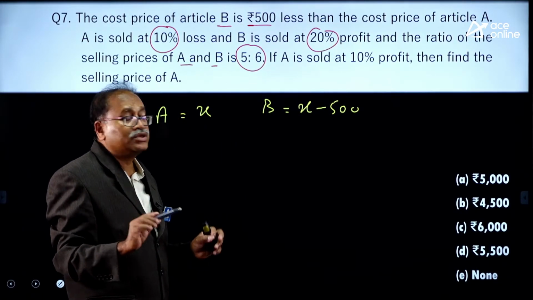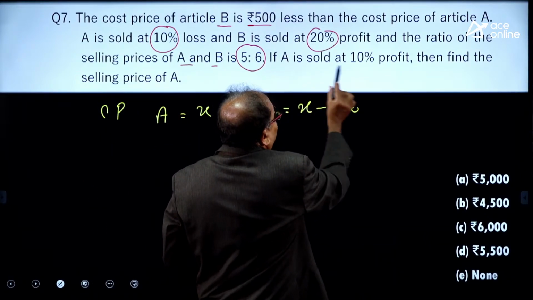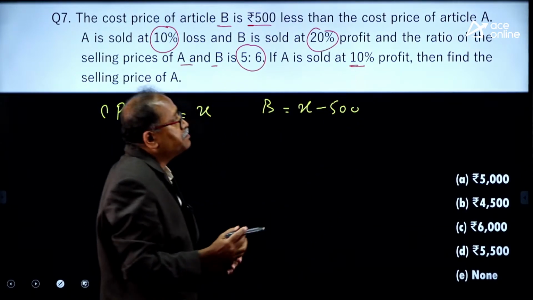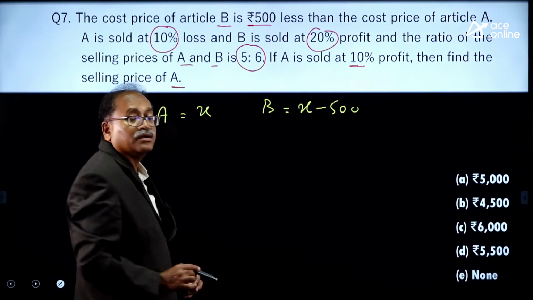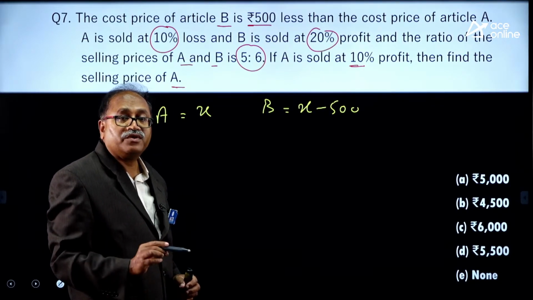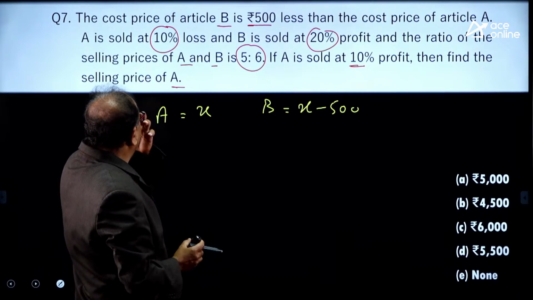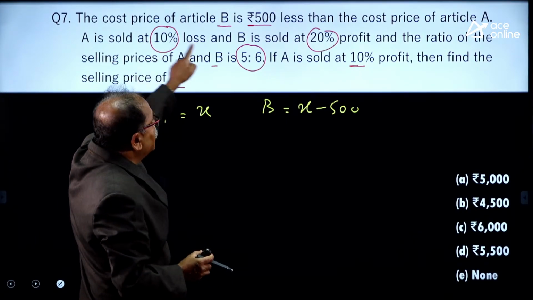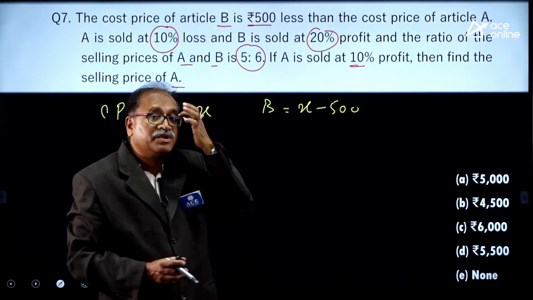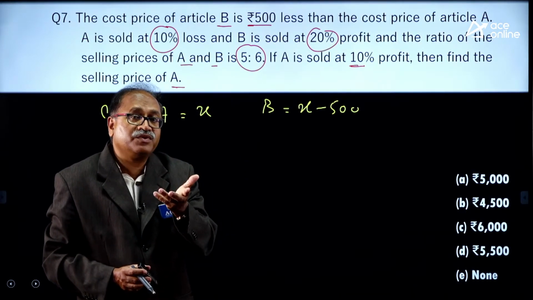It is a straight question, I will say. If A is sold at 10% profit, then find the selling price of A. A beautiful question here. It is said that in the first case, A is sold at 10% loss and B is sold at a 20% profit, and the selling price ratio is given to us.